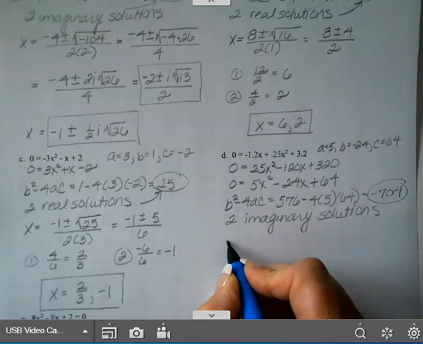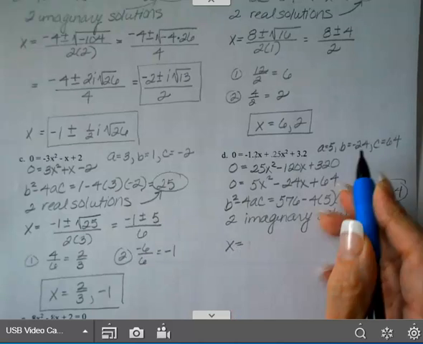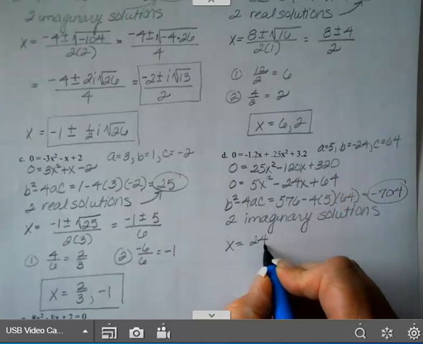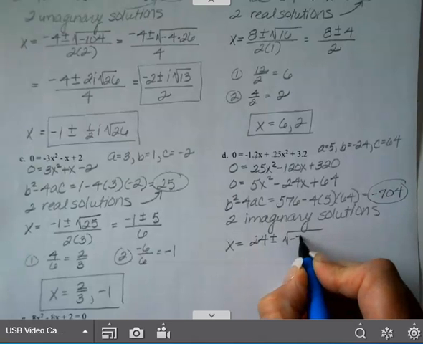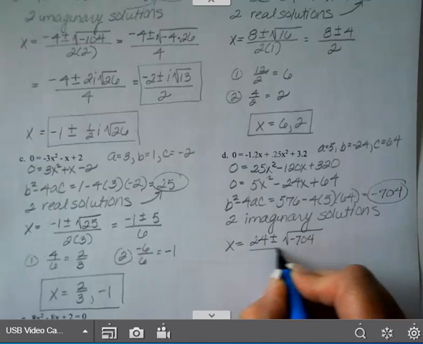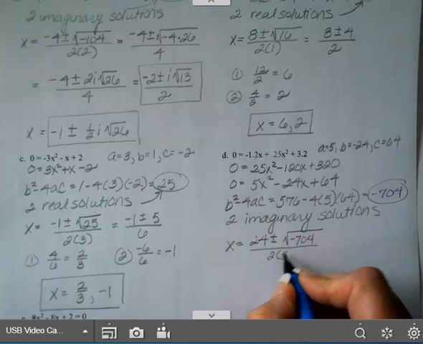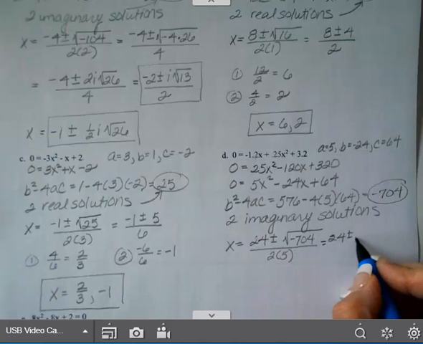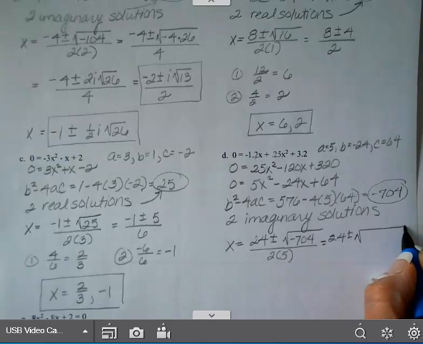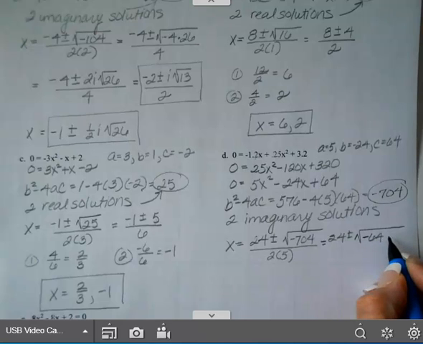So x equals the opposite of b, so 24, plus or minus the square root of negative 704 all over 2 times a, which was 5. So this will be 24 plus or minus the square root of a perfect square that goes into negative 704, which will be negative 64.